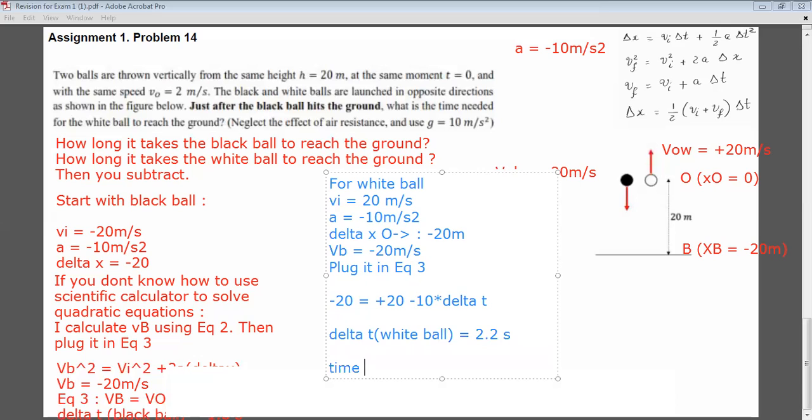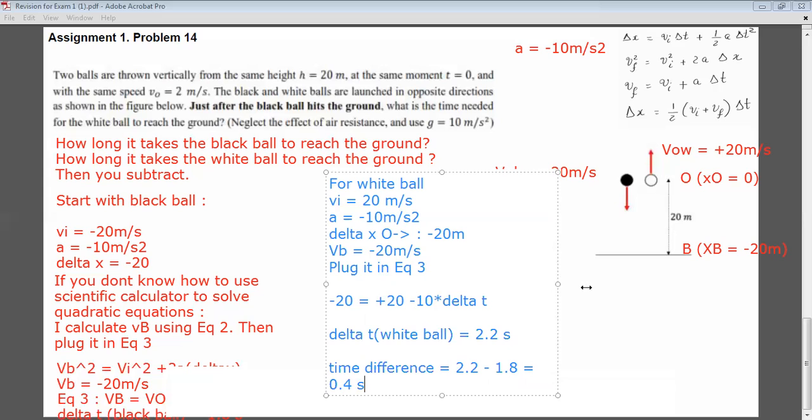So the time difference equals 2.2 minus 1.8, because that's what the question is asking you for: the time difference between the black and the white. This will be 0.4 seconds.